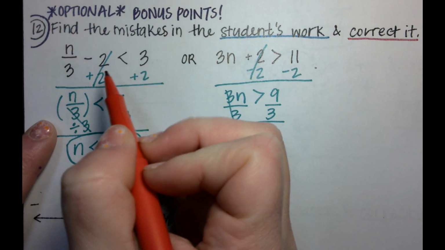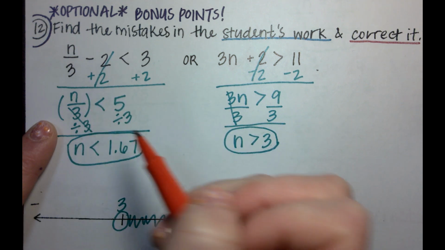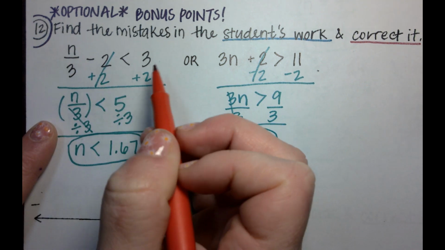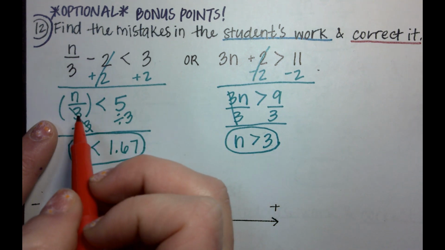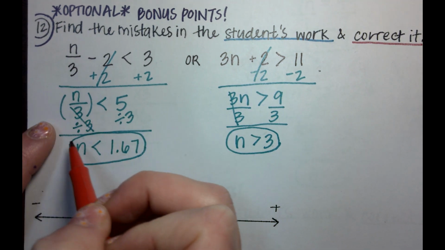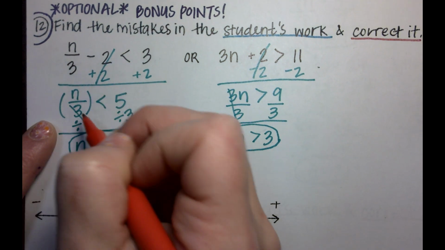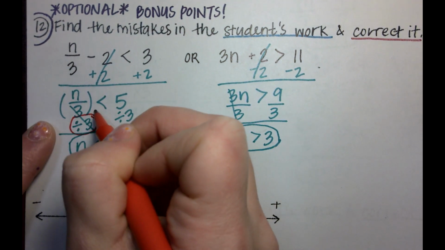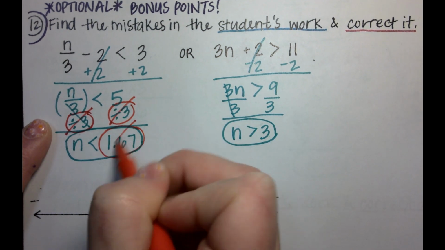So here we have, they added 2, that's right. And then they got to here. 3 plus 2 is 5. They brought down the n over 3. Okay, I see. They divided by 3 where they should have done what? Multiply. They should have multiplied by 3. So that's the mistake. That means this number is going to be wrong.